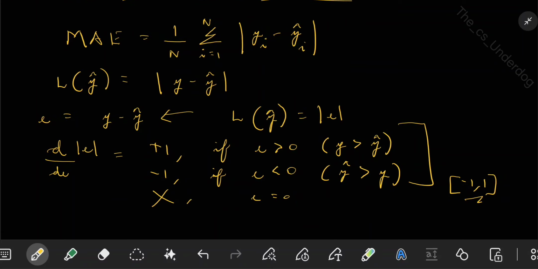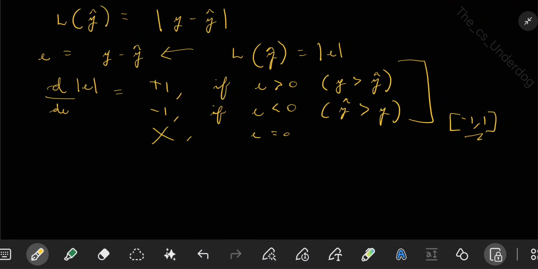So the next thing, I'm going to take the gradient of this whole thing. This is just the first step that I did. In the next step, I want to find the actual gradient, that is d by dy cap, where y cap is the predicted value. With respect to the predicted value, I want to find the gradient of loss. How am I going to do this? Loss is mod E, and I'm going to use the chain rule here.